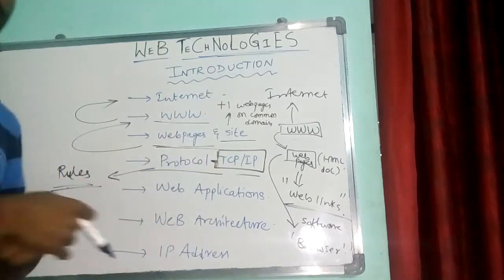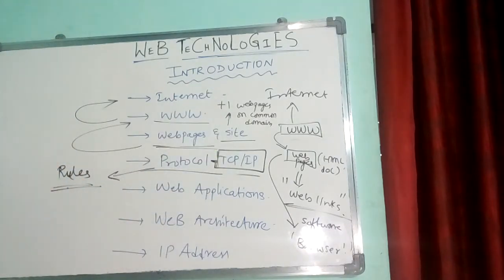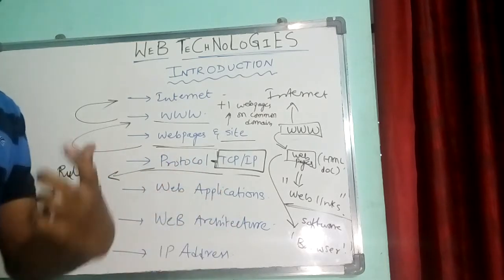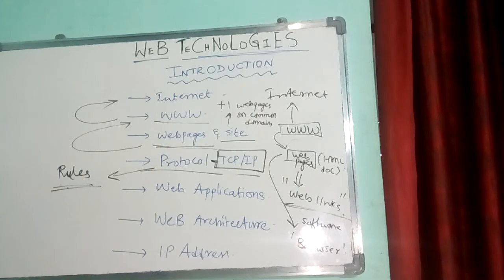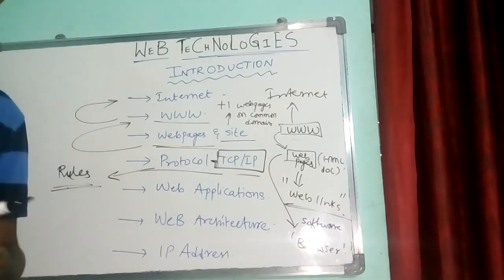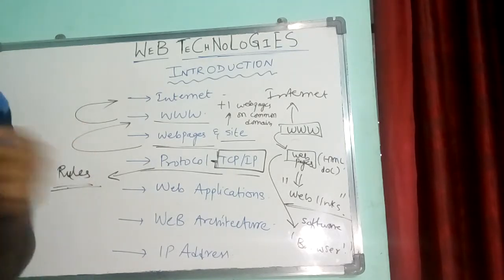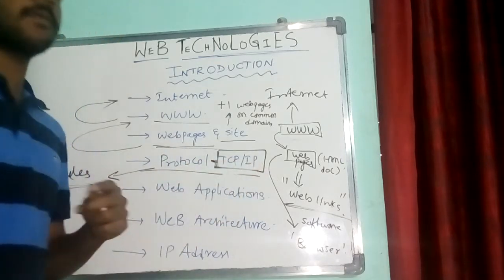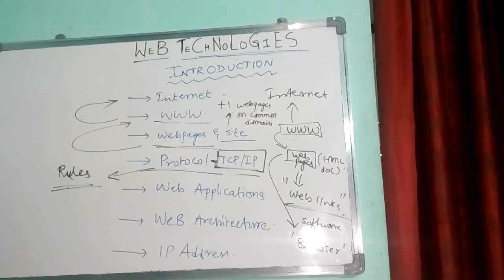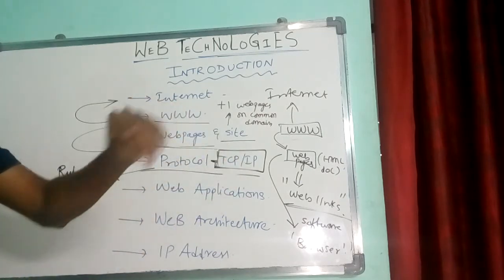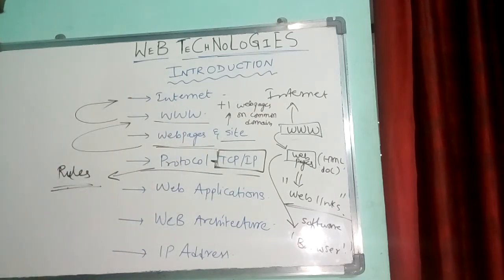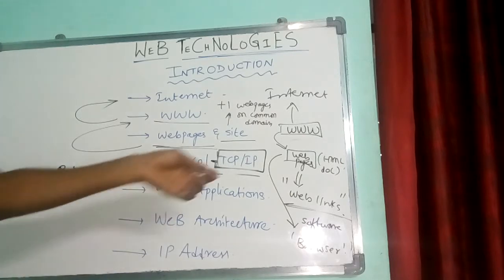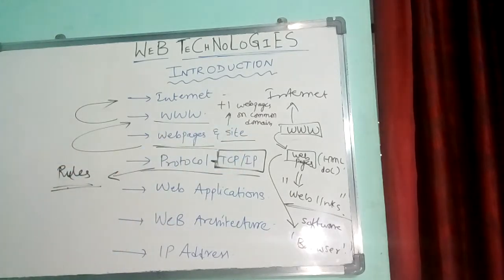This is a set of protocols. That means there are many types of protocols like HTTP, Hypertext Transfer Protocol, and SMTP. Those are related to some other systems, whereas here we use TCP/IP for this web technology. This is the protocol which we follow here.